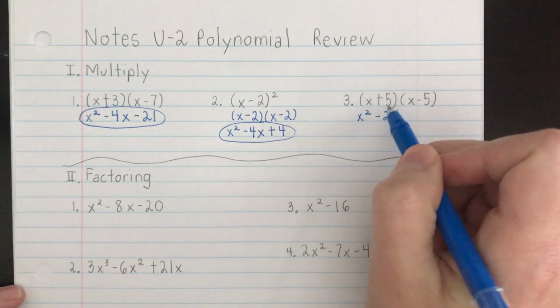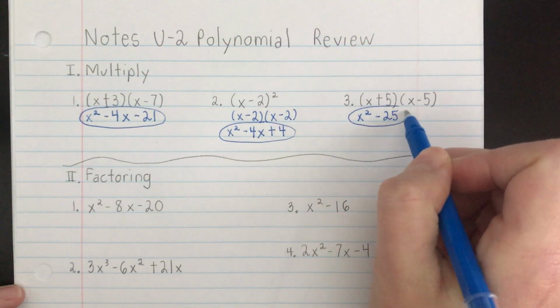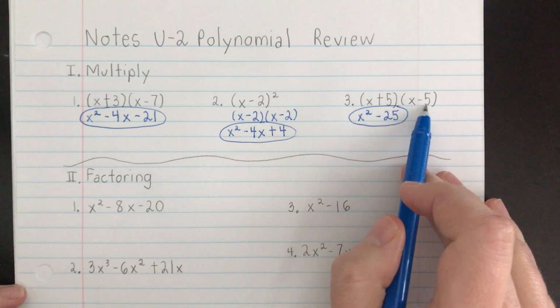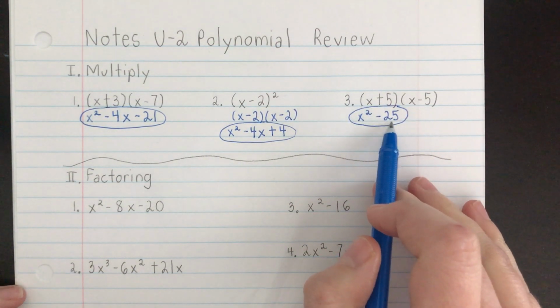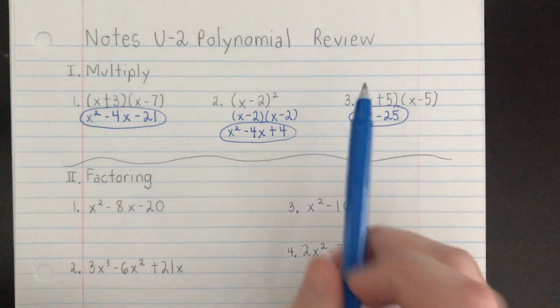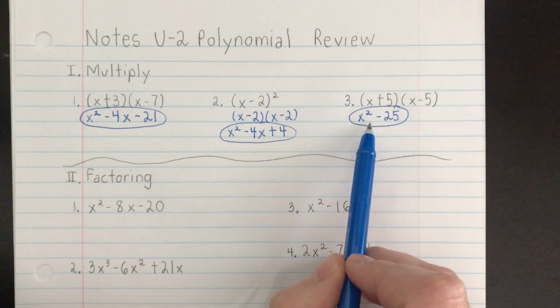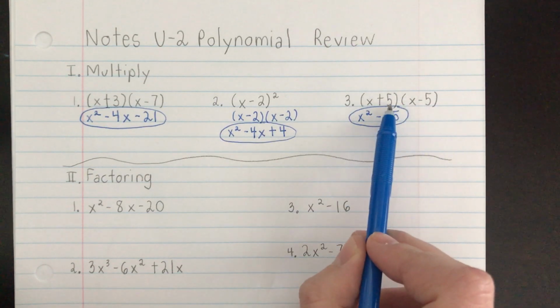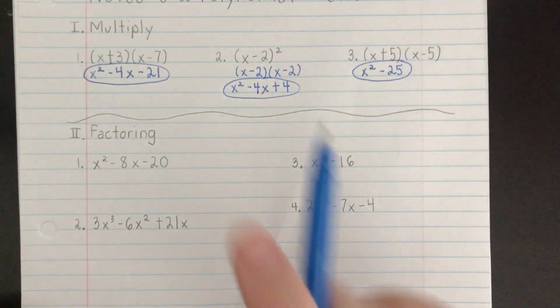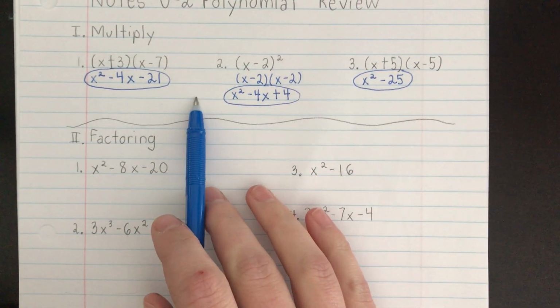You should have really known this because you should have seen that this was the result of factoring a difference of squares. The x plus 5 and the x minus 5 come from the result of factoring a difference of squares, something you've been working with for a while now. So that's a quick way to think about multiplying back when you have something like x plus 5, x minus 5.